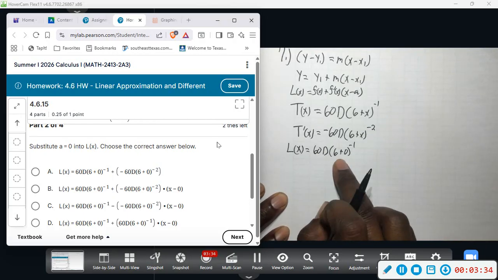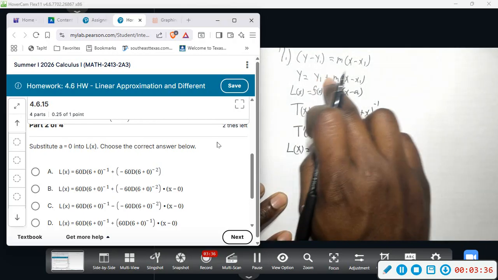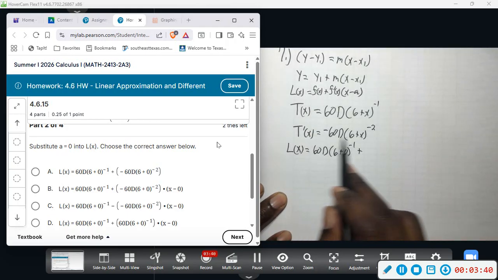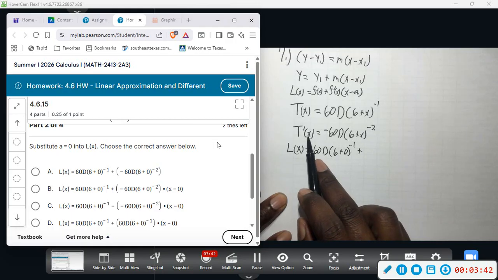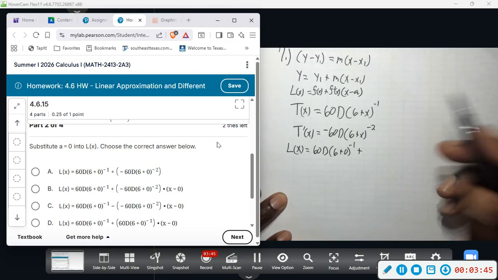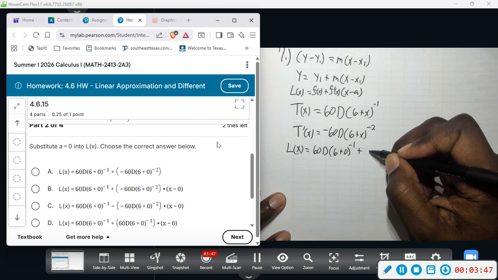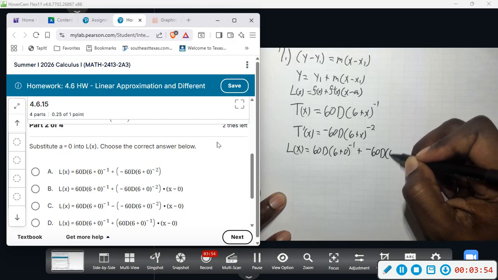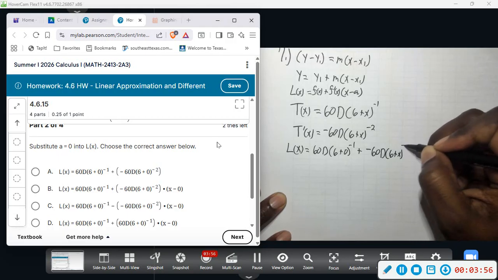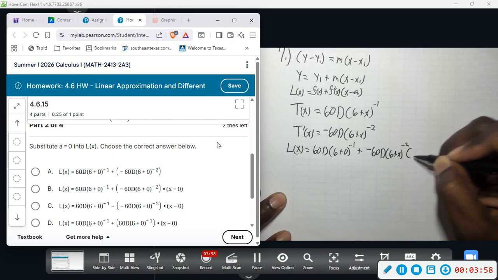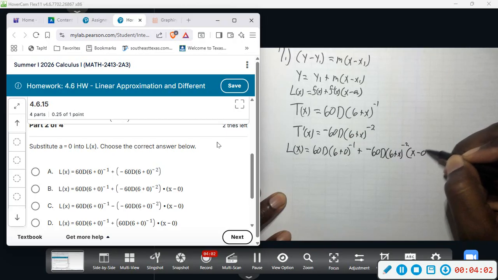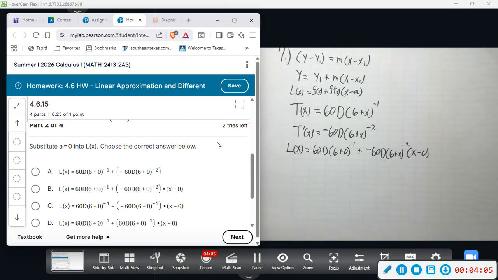That is f of a, and then we're going to do plus the slope. The slope is the derivative, plugging in 0. So this will be a negative 60d over 6 plus 0 to the negative second, times the x minus a, which will be x minus 0. So that's what we're looking for.